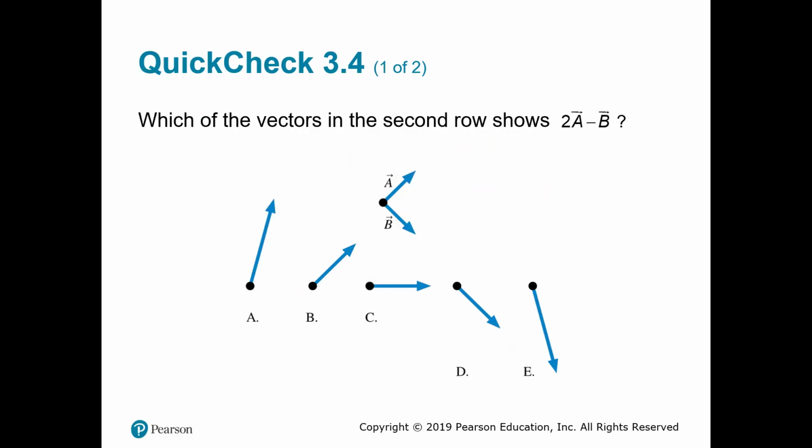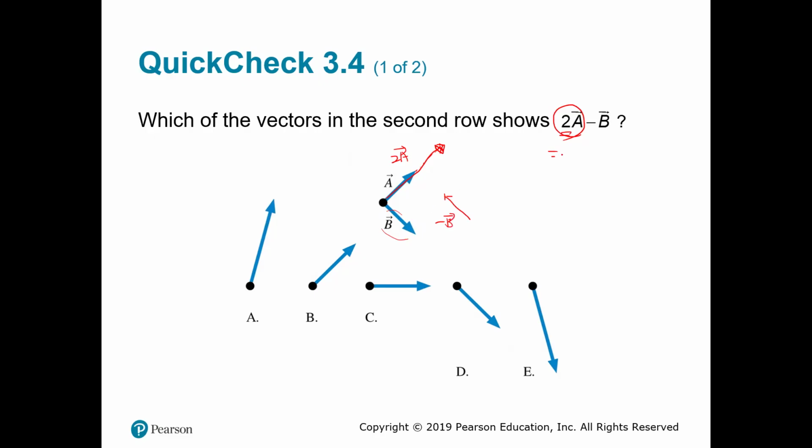And then how about 2A minus B vector? How do you calculate the 2A vector? Again, 2 times longer, same direction. So this is your 2A vector. And again, what is your minus B vector? This is your B vector, and your minus B vector is something like this, right?